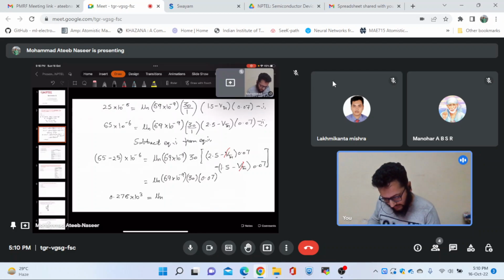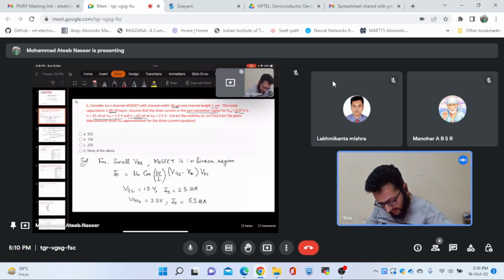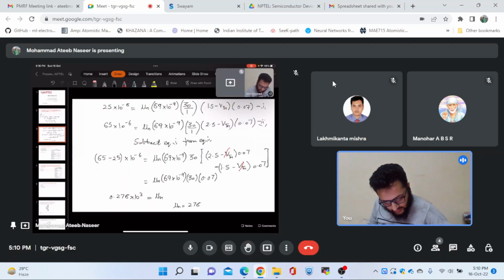This is the mobility. So we can write it simply as mu n equal to 276. So let us check whether it matches some value. Yes, it matches the value of C. So we have got the correct option, the C option. Let's write down the units as well: centimeter square per volt second.